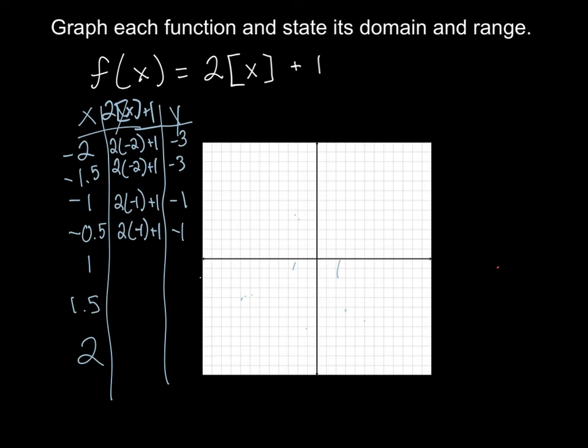Then if you have 1, it'd be 2 times 1 plus 1, which would be 3. 1.5 is also going to be 2 times 1 plus 1, which is 3. And then 2 would be 2 times 2 plus 1, which is 5. So if x is -2, y is -3.